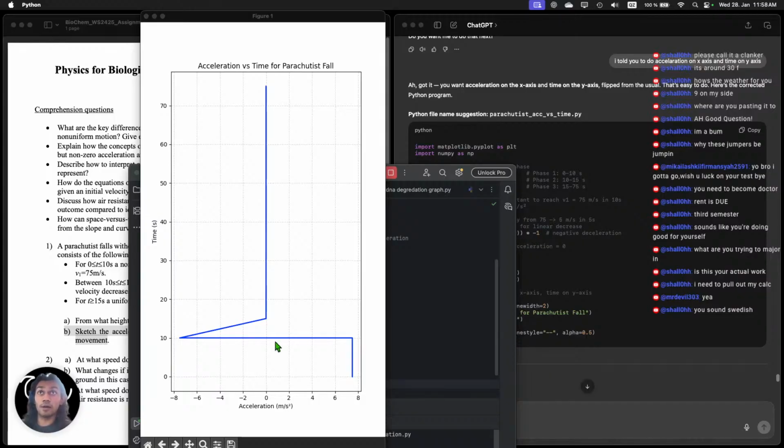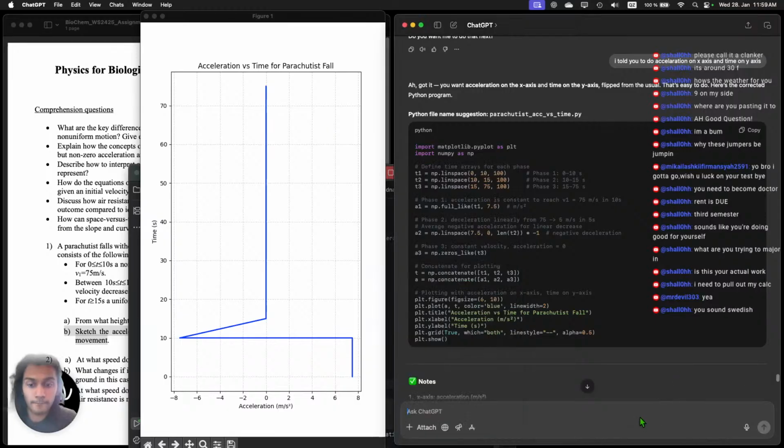Then you just dropped because of the parachute. Dropped to minus... What? I got the deceleration of minus 14 meter per second square. I don't know about you, but I got that.